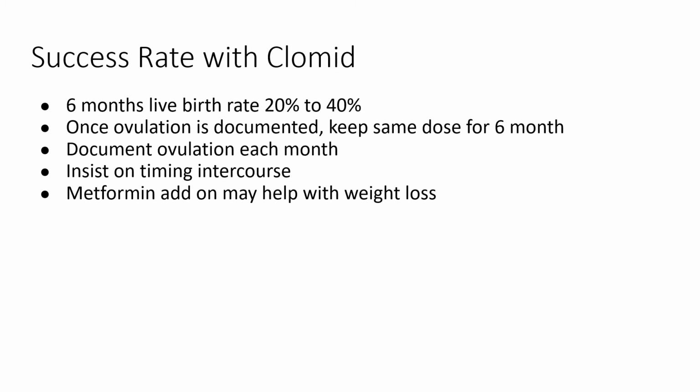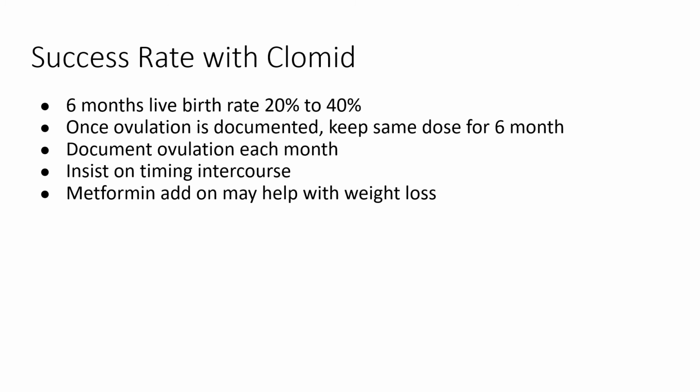The success rate with Clomid is quoted as a 6 months live birth rate between 20 and 40%. Once ovulation is documented, let's say your patient ovulated with 100 milligrams a day, keep the same dose for 6 months. By then, she should have gotten pregnant.